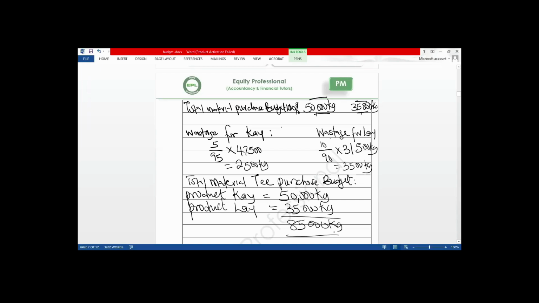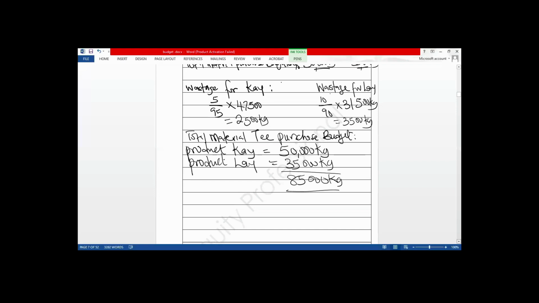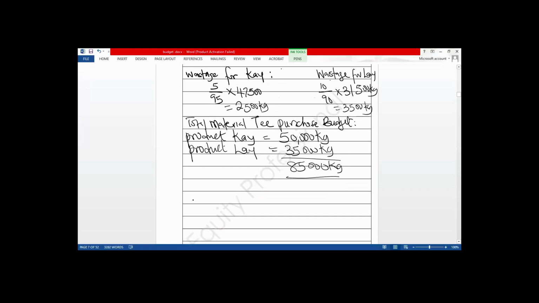What is the price per kg of material T? 30 naira. You can now get the value. Material T purchase budget naira value is equal to 85,000 kg multiplied by 30 naira per kg.